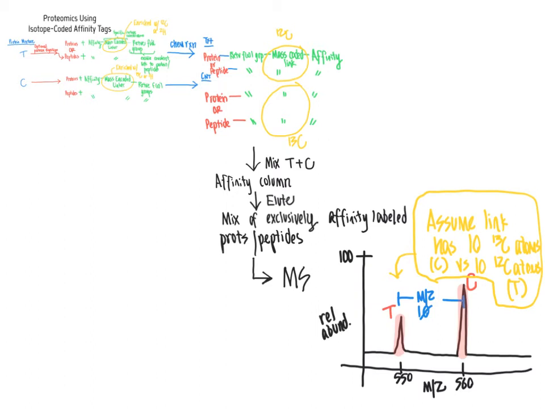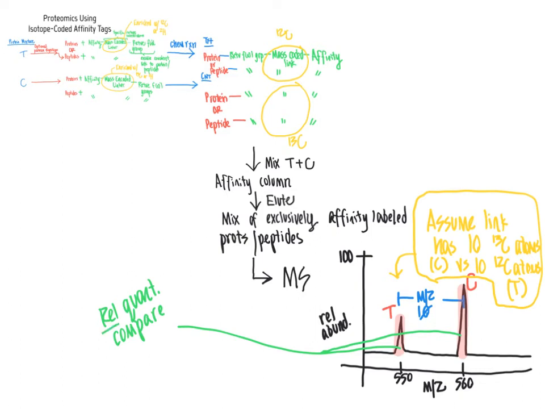But what we can do is, since these treatment and control samples were run in the same mass spectrum, the same experiment at exactly the same time, that means that it's apples to apples in comparing the integrals of these two signals. And so to get relative quantification of the amount of that particular peptide or that particular protein in the treatment versus the control, we can obtain by comparing the integrals of the signals for the treatment versus the control.